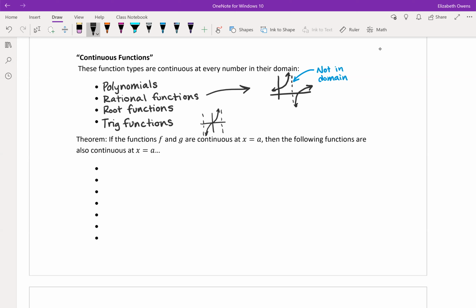Continuous functions. All right. Now for a theorem to go along with this, if you know the functions f and g are continuous, at least at a point, x equals a, then the following functions are also continuous at x equals a.